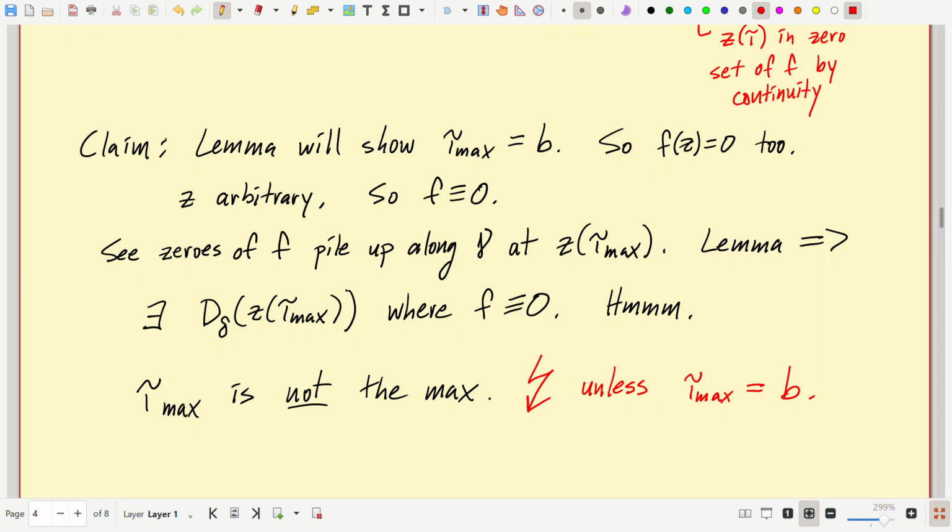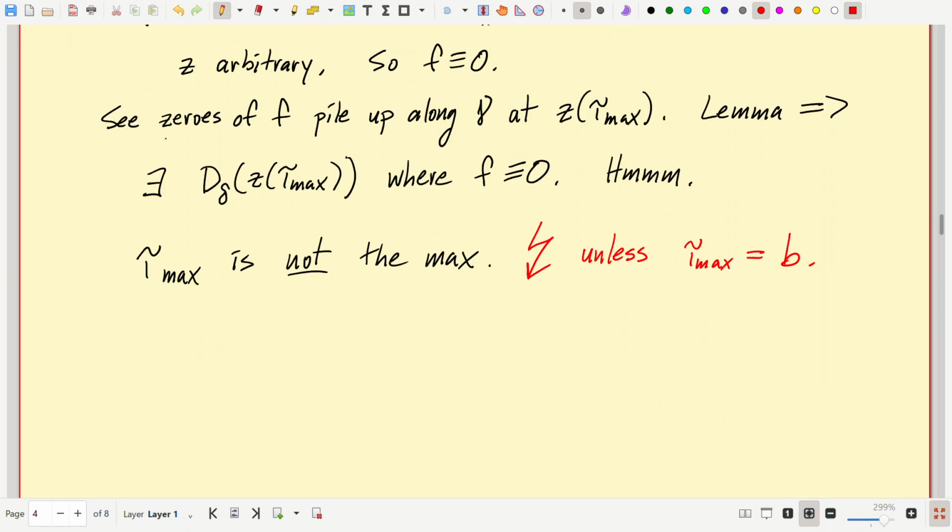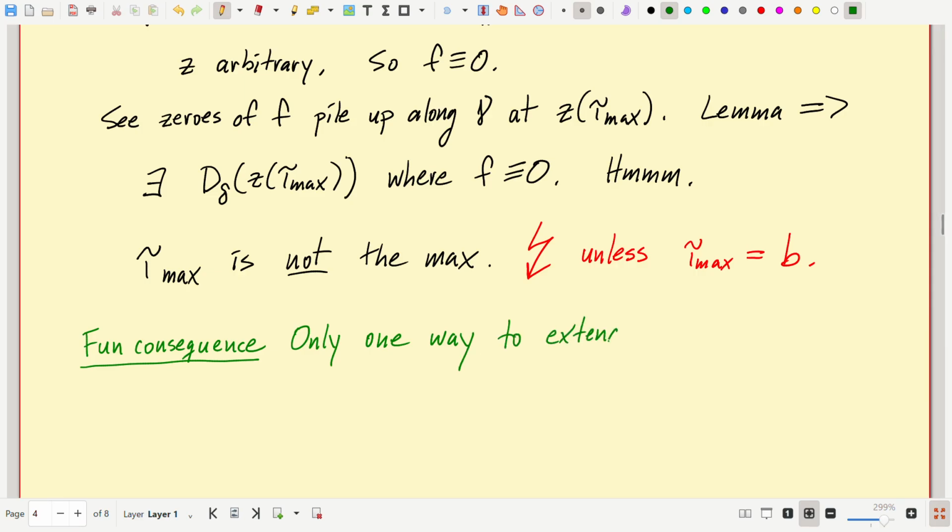So this is kind of an exciting moment because it means, here's a fun consequence. There's only one way to extend famous functions. Only one way to extend e to the x or sine x or cosine x, the real versions, the power series things you learn in freshman calculus.